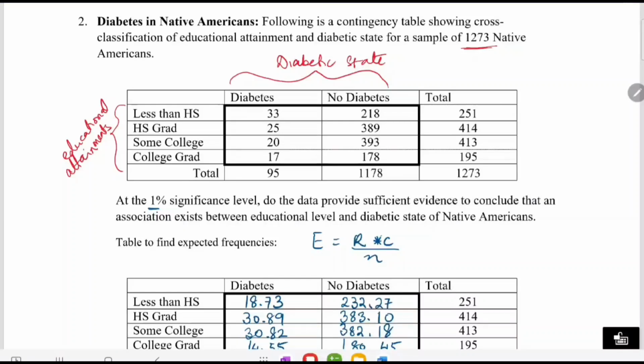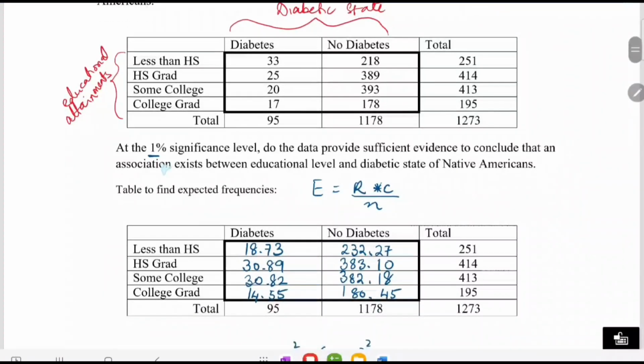All right. I guess the idea is that perhaps people who have a higher level of education are more conscious about their diets and health and are more informed. Therefore, people with a higher educational degree or level are less likely to have diabetes, right?